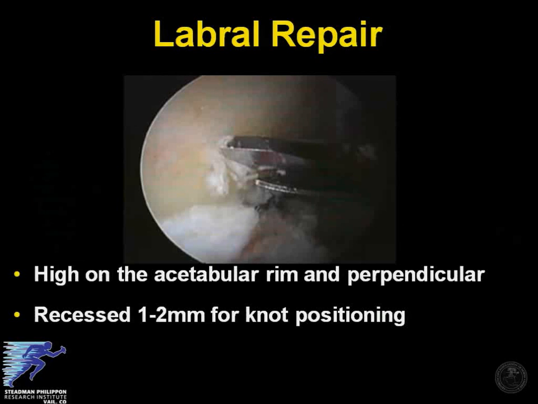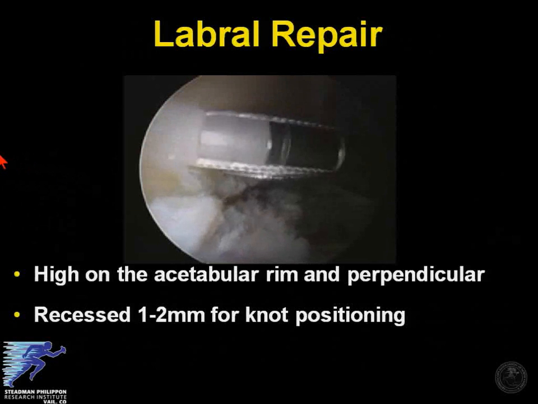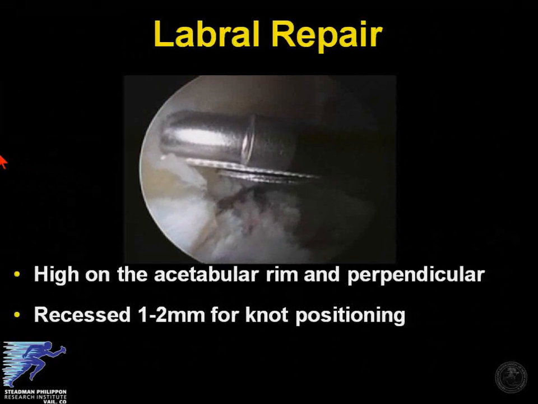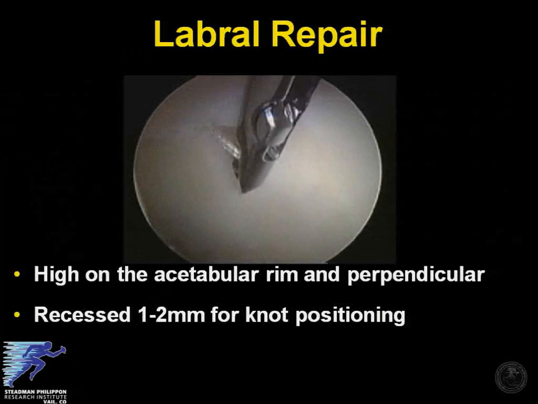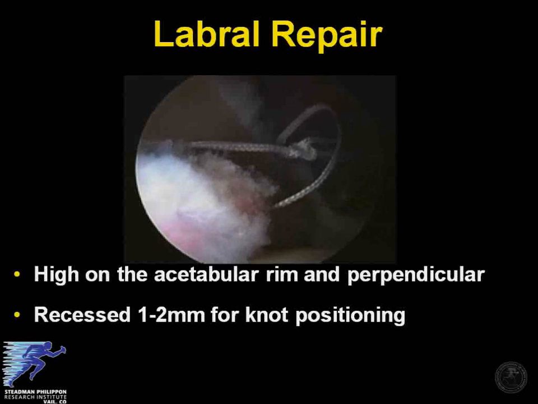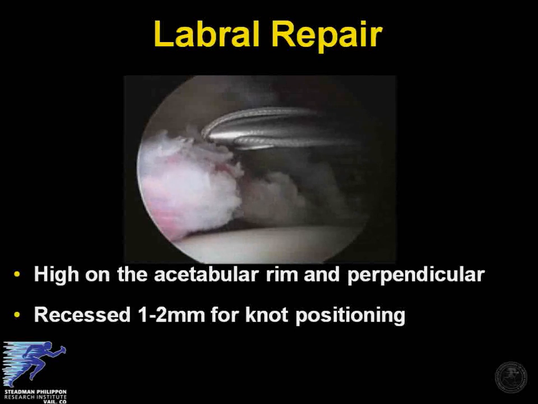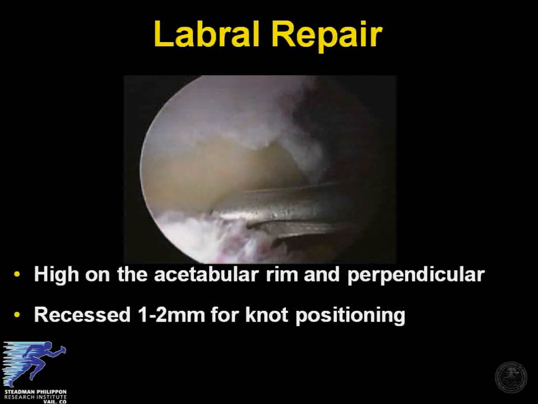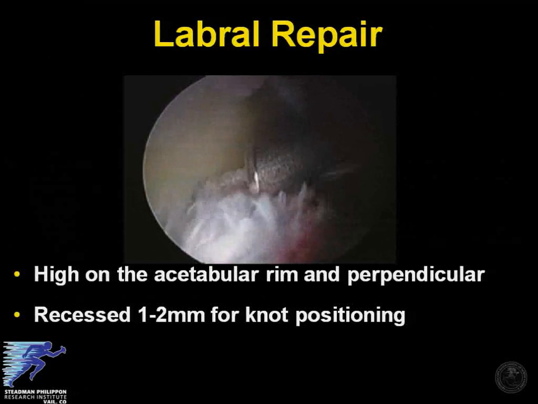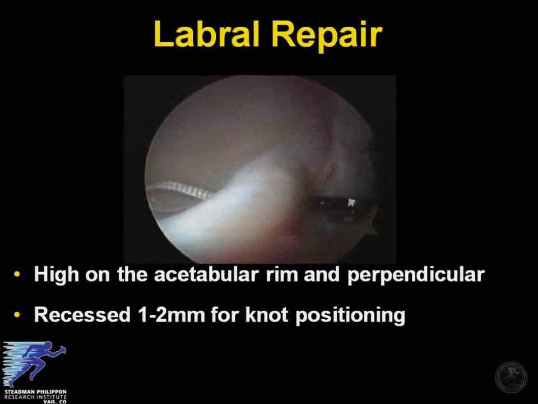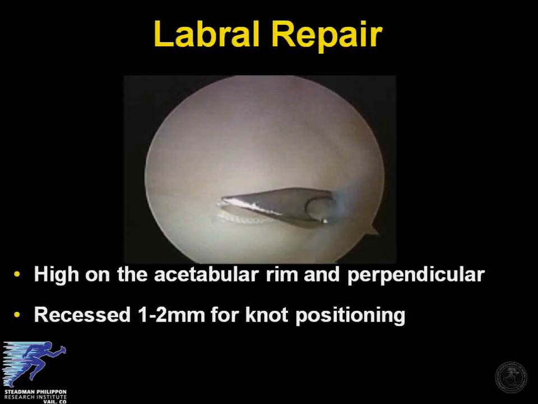Actually, if you can play that video. So again, the anchor is being placed, and we introduce the suture between the interval of the labrum and the bone, and then it's important to tension your suture adequately so your labrum sits where it's supposed to.